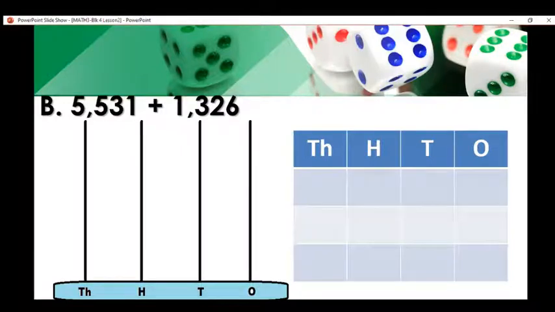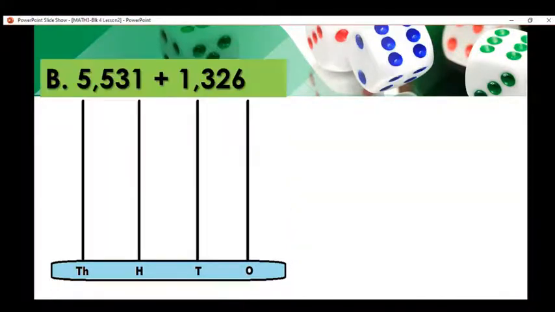Okay, time is up. I guess everybody is done answering letter B. Let's check if your answer is correct. In letter B, we have 5,531 as your first addend, or number that we need to put in our abacus drawing. So we have 5, which is 1,000: 1, 2, 3, 4, and 5.